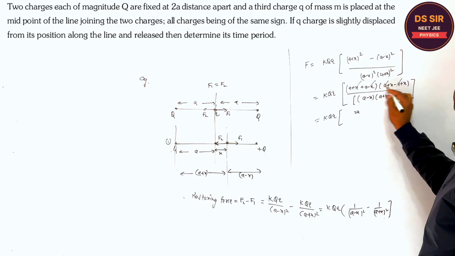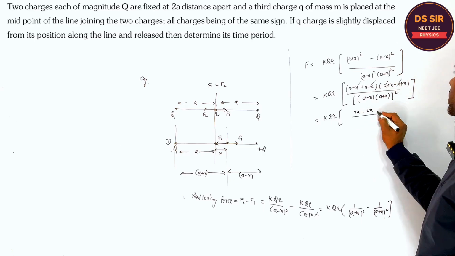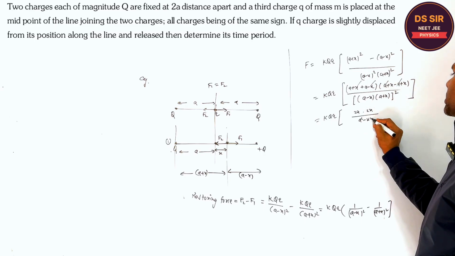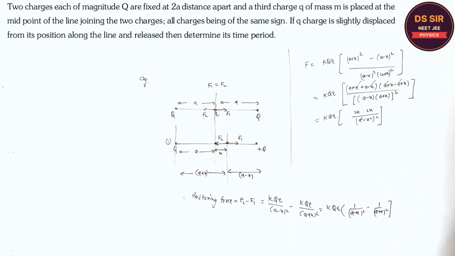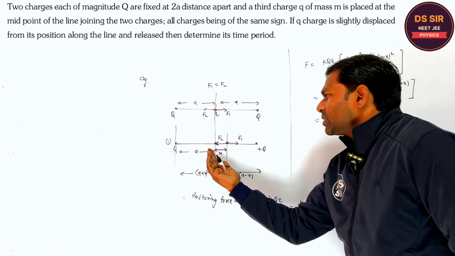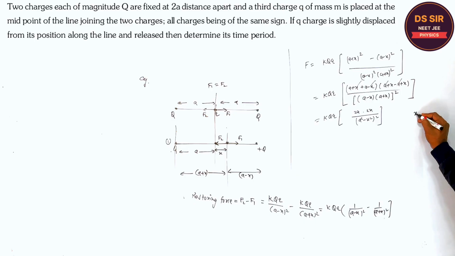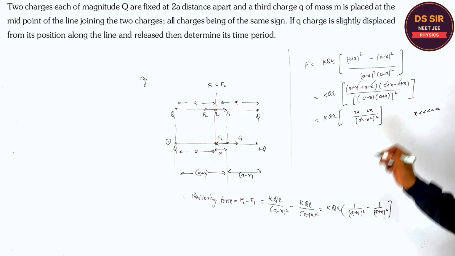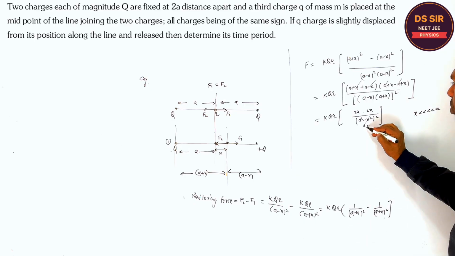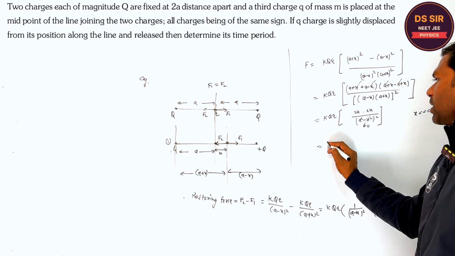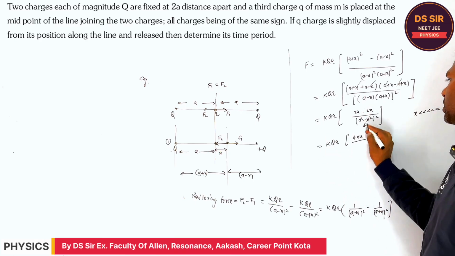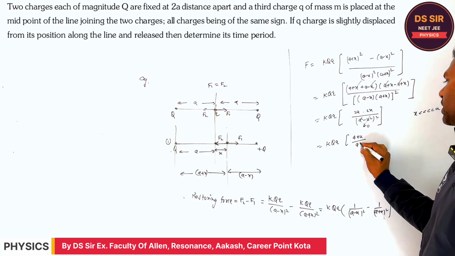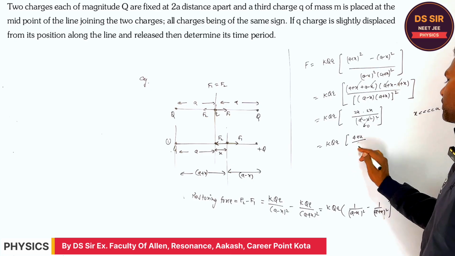So this is equal to 2a and this is equal to 2x, and the denominator becomes a square minus x square whole square. Getting or not? Yes, sir. This x displacement is very small as compared to a, so it can be ignored. k Q q, this has become 4ax upon a square whole square, a to the power 4.